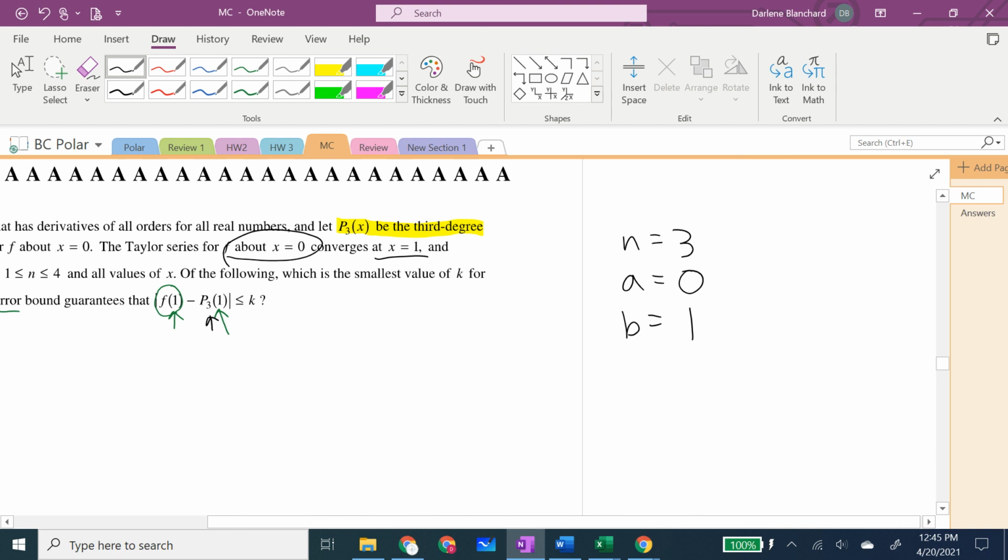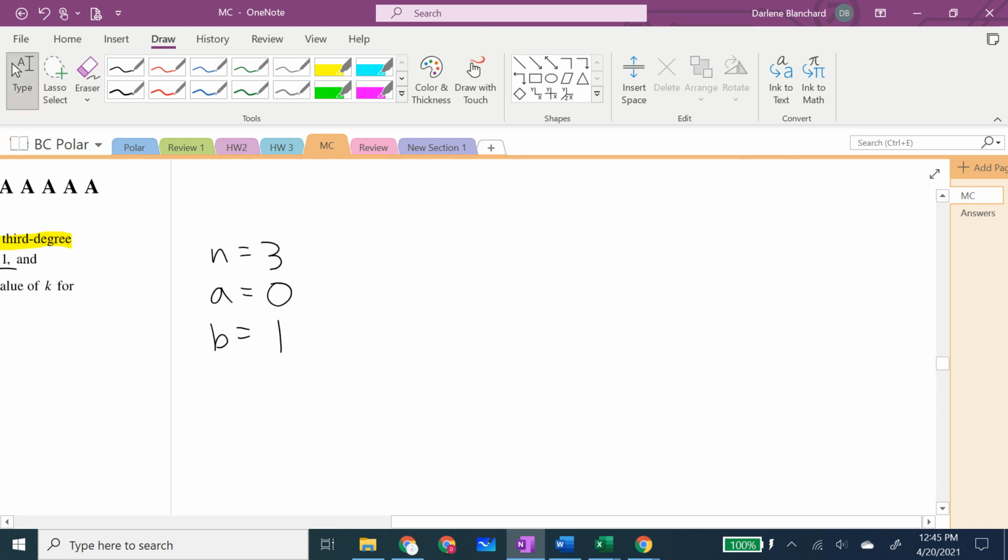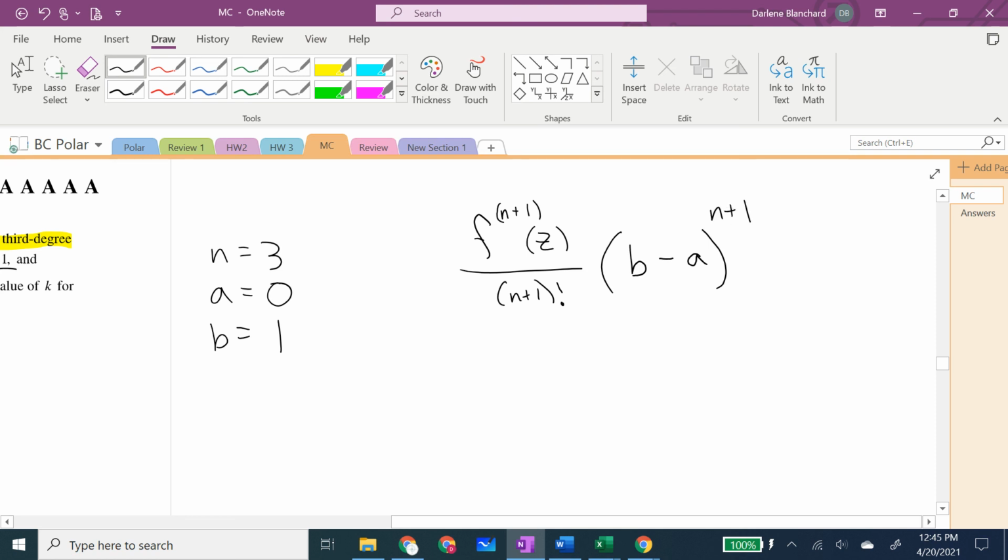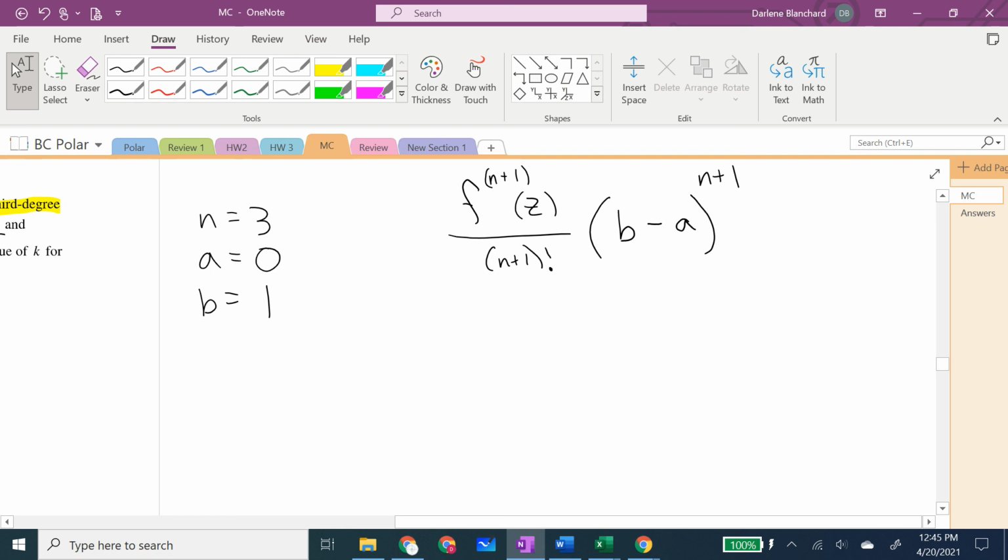Now with my n, a, b, I want to remember that the Lagrange error is the n plus 1th derivative at z divided by n plus 1 factorial times the x coordinate that I plug in, that's my b, minus the center of the polynomial, that's my a, to the power of n plus 1. You can also remember that you're going to 1 up your n and then almost do the Taylor formula.